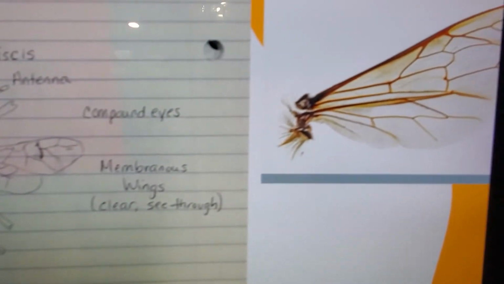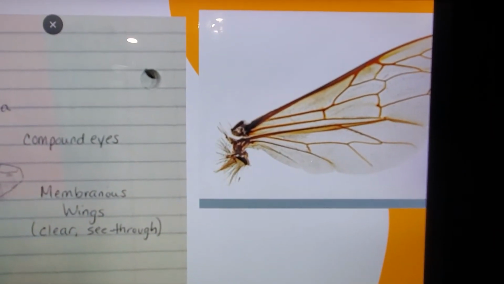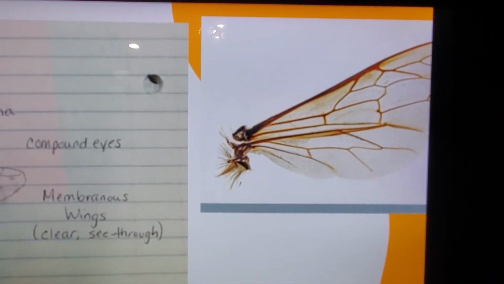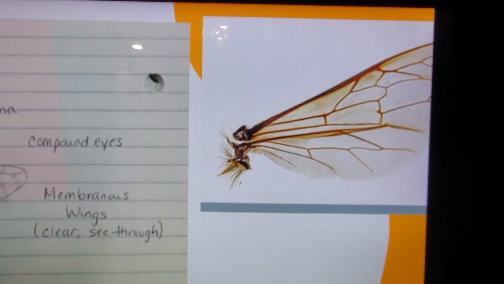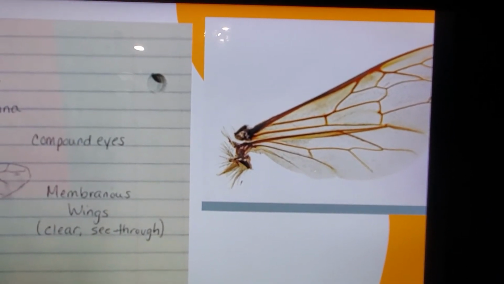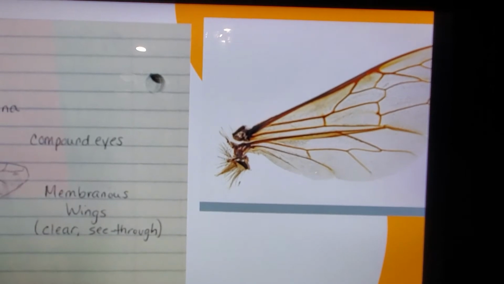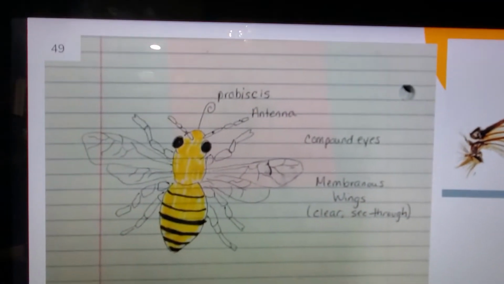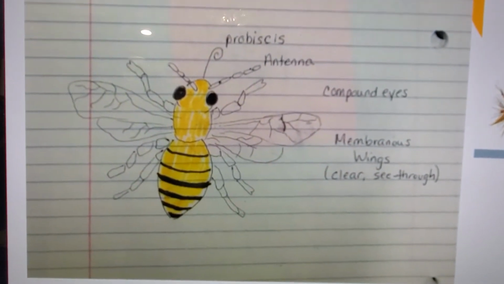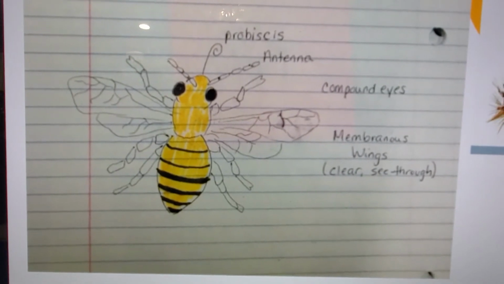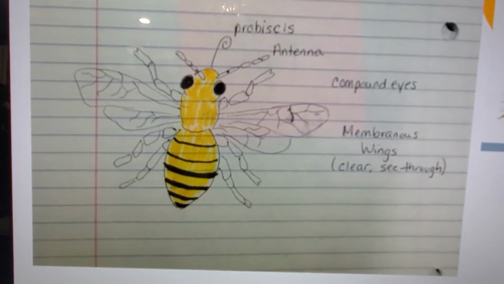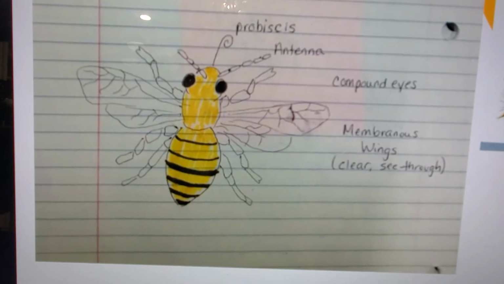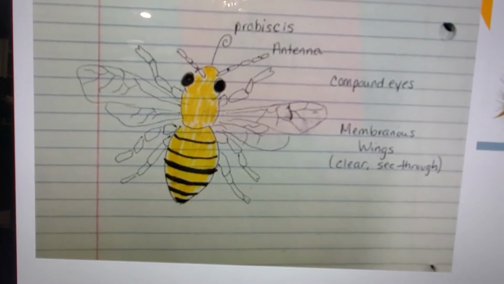And here's an example of what that looks like in a real thing. You can see the veining, but the wings themselves are clear and see-through. Now, that's not always true, right? We know butterflies. There are some beautiful species of butterflies that are clear like that as well.